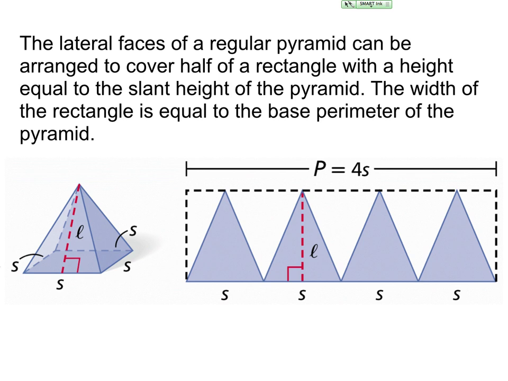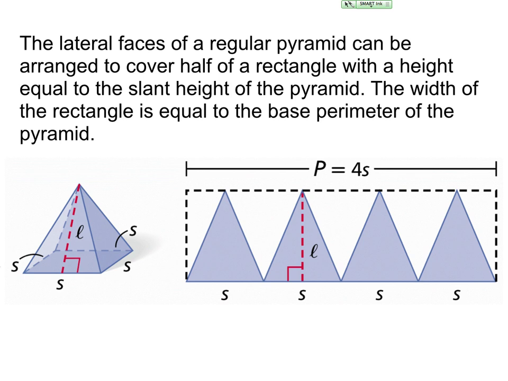If we think of every triangle separately, it would be 1/2 the length of the side times, is this the height or the slant height? That's the slant height, because that's the height of the actual triangle. So 1/2 the base edge times the slant height, 1/2 base edge times slant height, 1/2 base edge times slant height, 1/2 base edge times slant height.